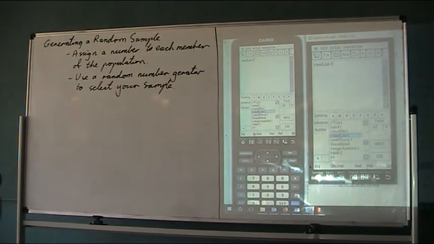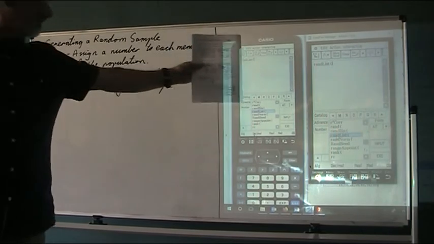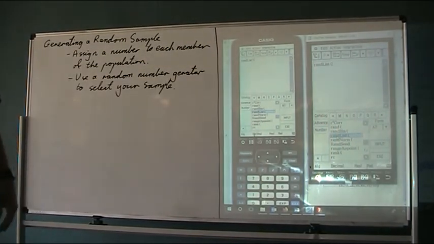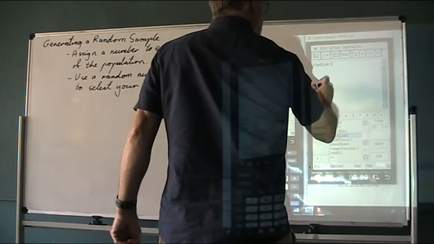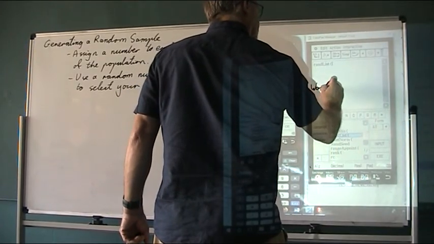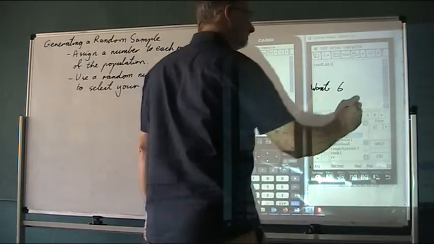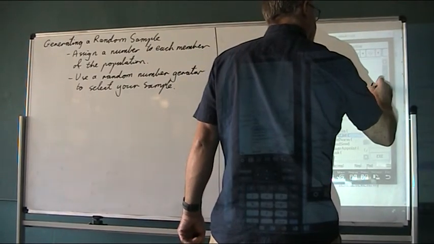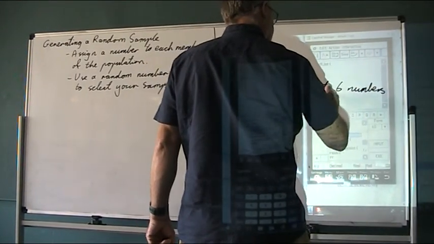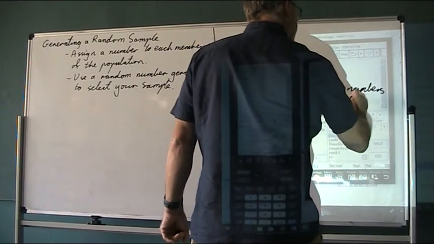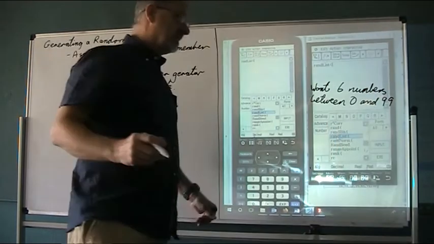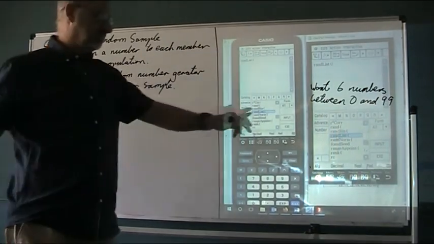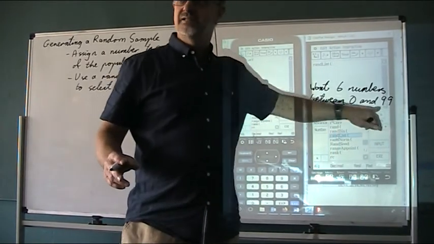Now, again, I'm just working through that sheet. Say, for example, I want 6 numbers between 0 and 99. These limits can be whatever they need to be.